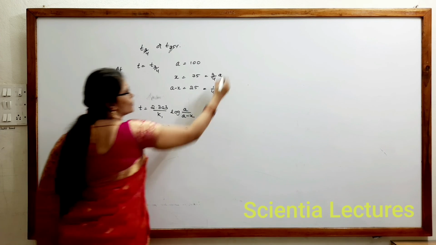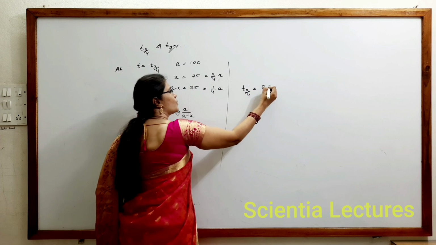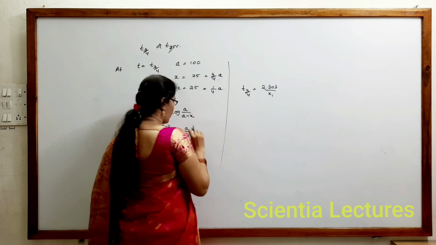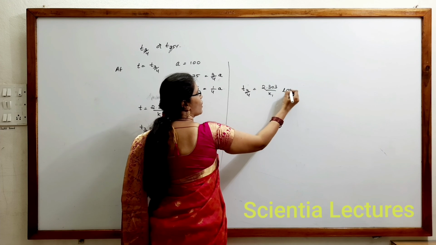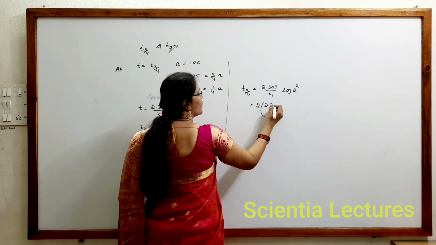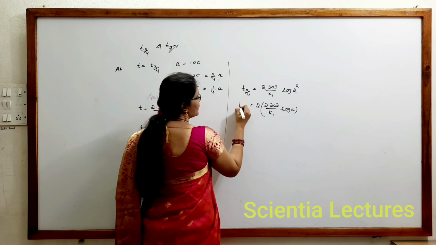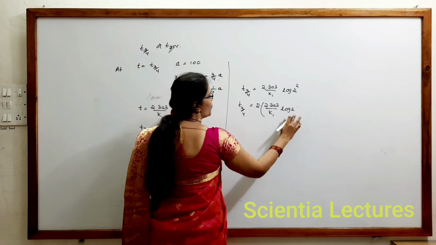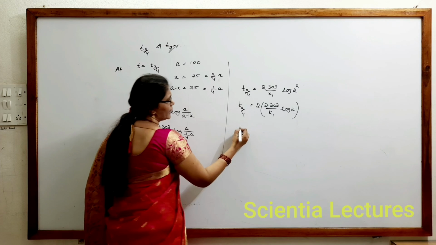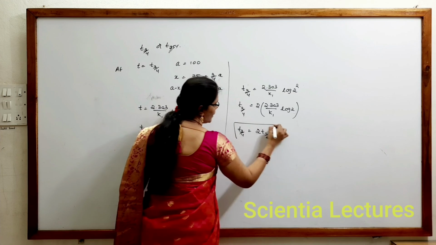T 3 by 4 must be equal to 2.303 by K1, and if 4 comes to the numerator, log of 4. Log 4 can be written as log 2 square. This must be equal to 2 times 2.303 by K1 log 2. Do you remember that? Here in this case, 2.303 by K1 log 2 is nothing but T half. So T 3 by 4 must be equal to 2 times T half.